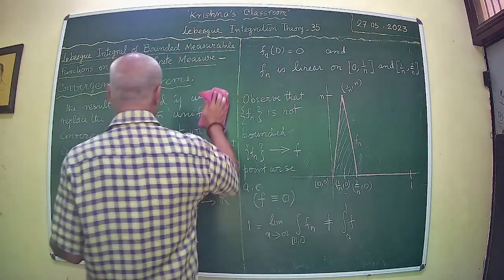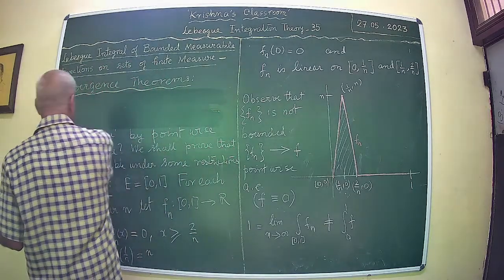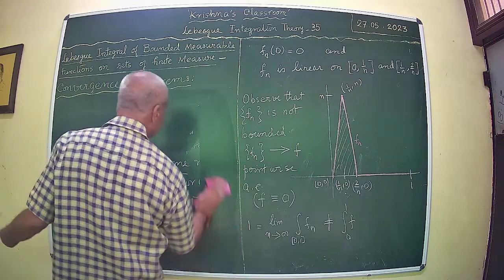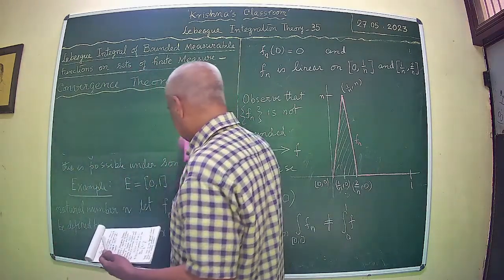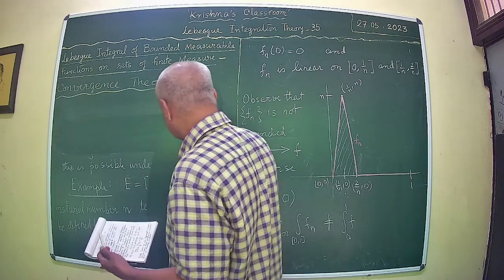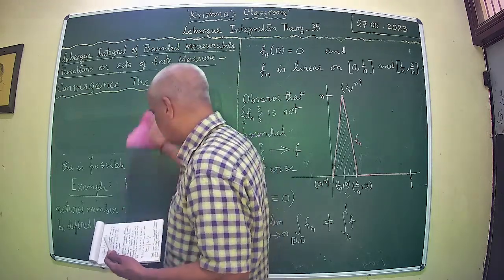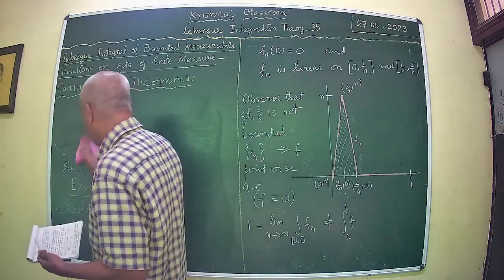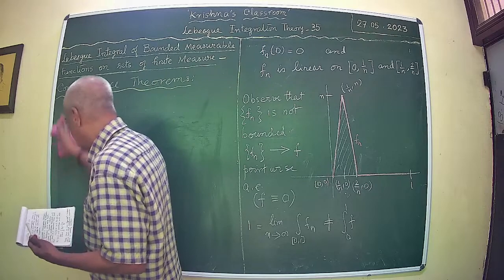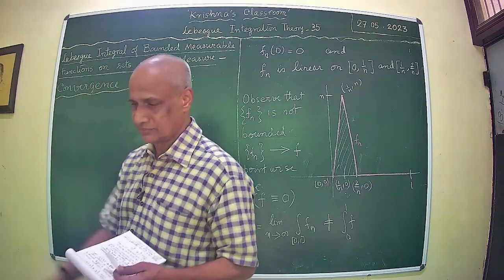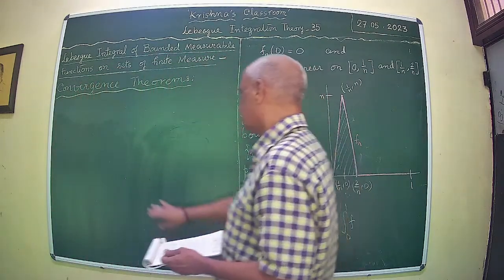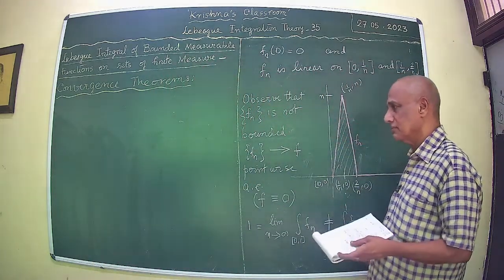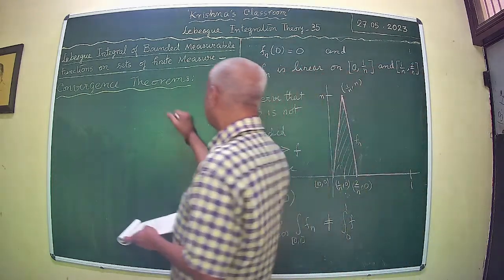So what do we do? What is the problem here? The problem here is that the sequence of functions fn do not form a bounded sequence. Okay, right? Although each function is a bounded function, it's not uniformly bounded.